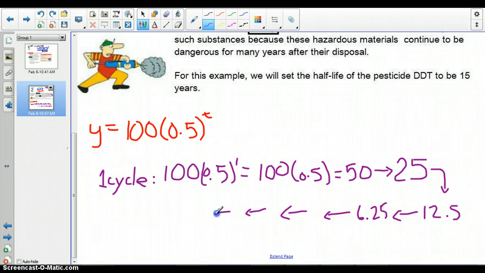But the thing that you need to know about half-life, or about decay, is that decay is never going to get to 0. These things are going to go down and down and down. They're going to get smaller and smaller, but there's always going to be something there.